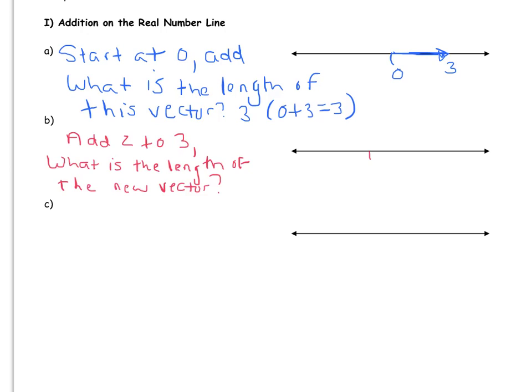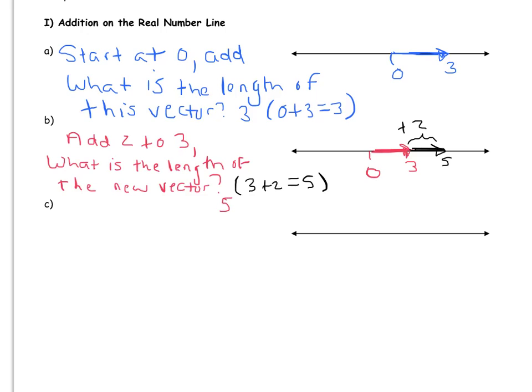So we were at 0, we went over to 3, and now we are going to add 2. So there's my vector of length 2, and so clearly we know I'm at 5, right? And of course, no surprise, that's because 3 plus 2 is equal to 5. So the answer to this question is 5.